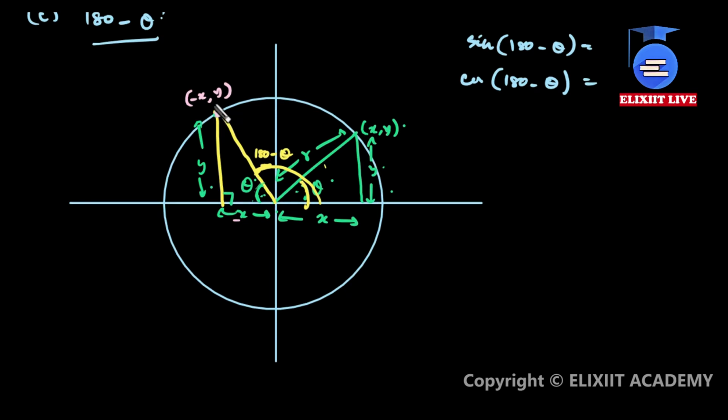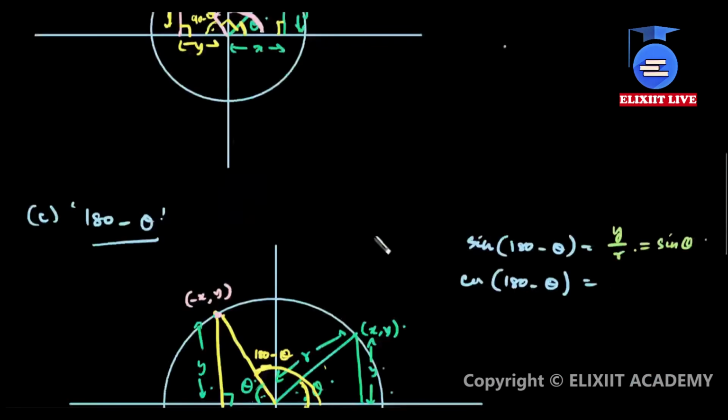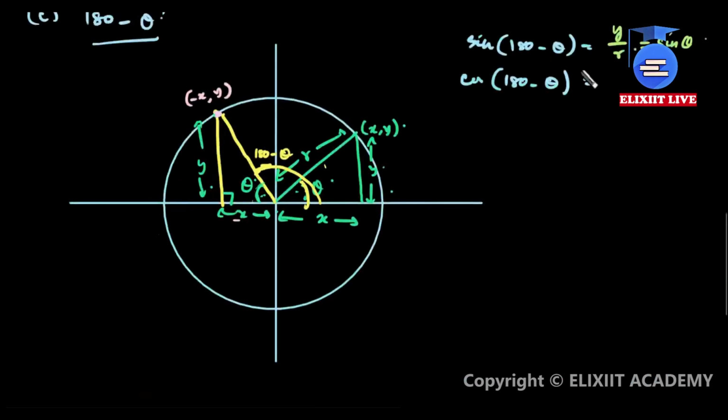Now come down to sine 180 minus theta. What is sine 180 minus theta? This will be perpendicular by hypotenuse. Hypotenuse is r, so y by r. And y by r was originally sine theta, from the first diagram itself. Cos 180 minus theta will be base by hypotenuse, so x by r.